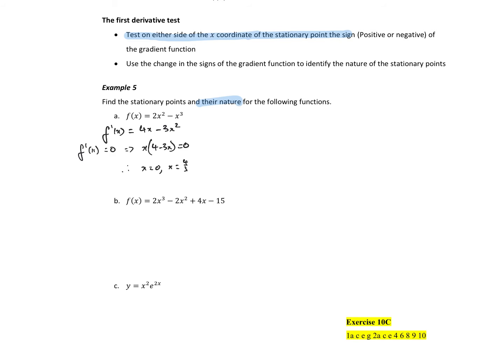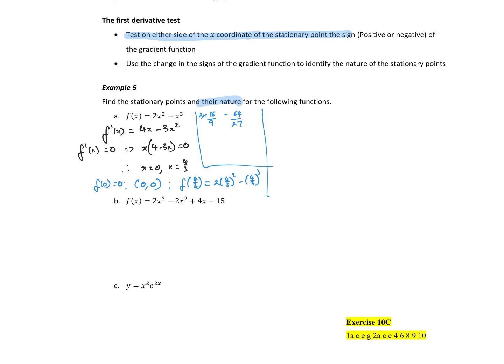So the corresponding y values: f of 0 is equal to 0, so that coordinate is (0, 0). f of 4/3 is equal to 2 times (4/3) squared minus (4/3) cubed. 2 times 4 on 3 squared is 32 on 9, minus 4 cubed over 27, which is 64 over 27.